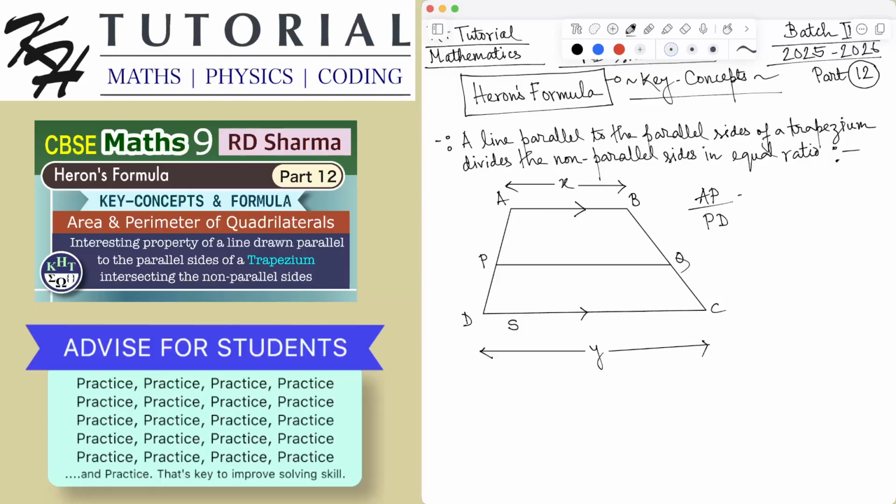Let's say this ratio is equal to M by N, that is, AP is to PD equals M is to N. Then the point Q will also divide the non-parallel side BC in the same ratio. That is, BQ by QC will also be equal to M by N. So this is a property.